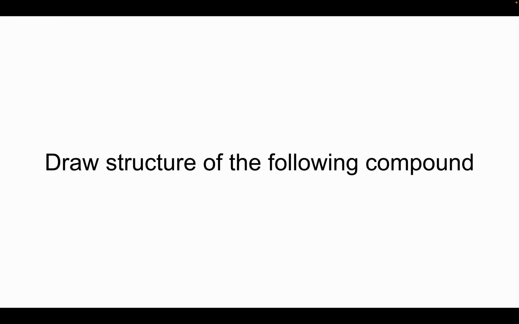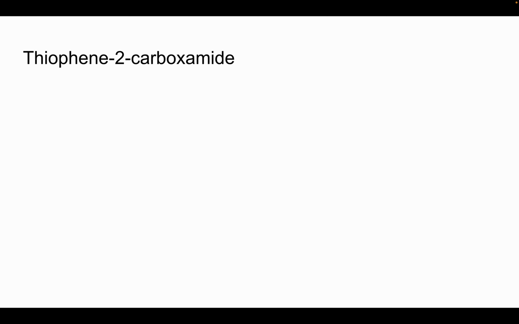The first type of question is to write, or draw, the structure of the compound. You will be given the name of the compound and you have to draw the structure. I will give you one guideline for how to draw the structure from the name.